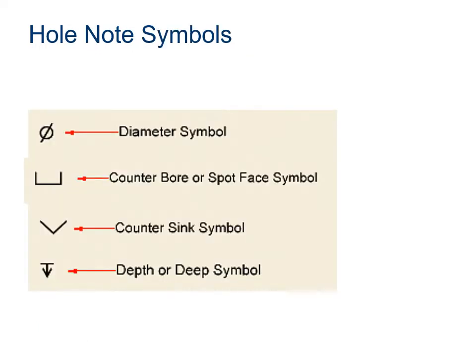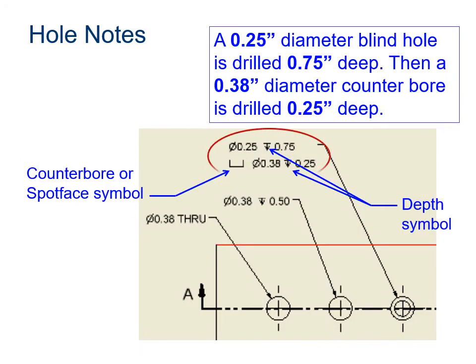When dimensioning and creating the hole annotations, the note symbols that you'll see are the diameter symbol; a squared U-shaped looking symbol, which is the counterbore or spot face; a V shape, which is the countersink; and the arrow pointing downwards, which is the depth symbol. When we're making hole notes, we put all that information up against a leader line pointing to that hole.